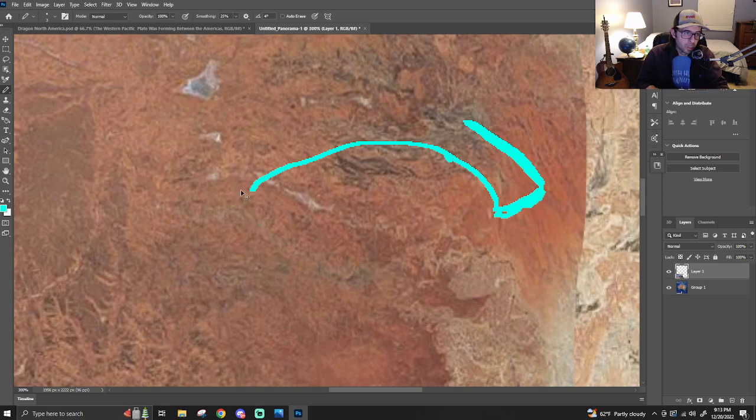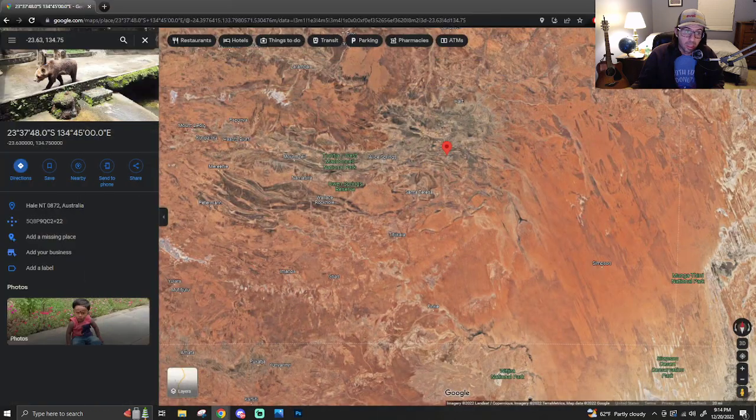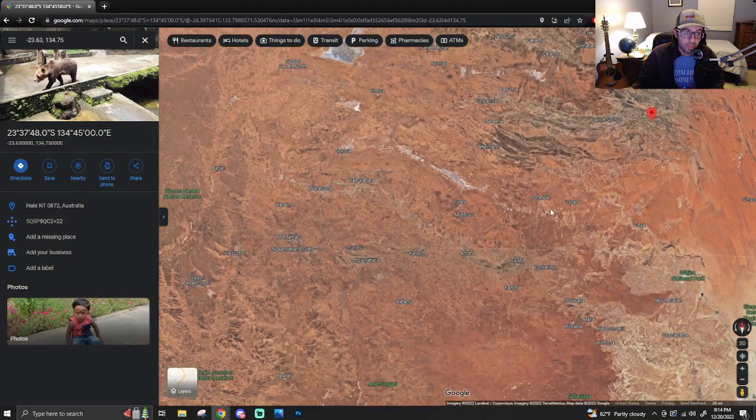Oh, maybe not bent. It's hard to say on this image. Kind of generally past it and then more down. Let's see if that's right. I just drew that.